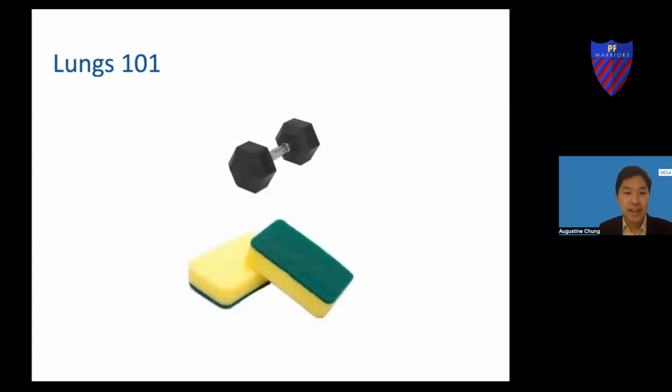What else influences your lungs? Going back to the sponge analogy, you want your lungs to be able to shrink easily when your rib cage wants it to shrink, and you want it to be pliant and expand easily when the diaphragm applies a negative pressure.